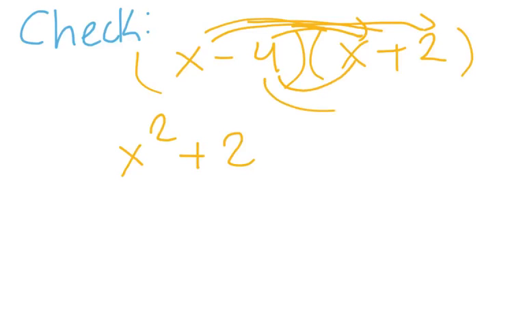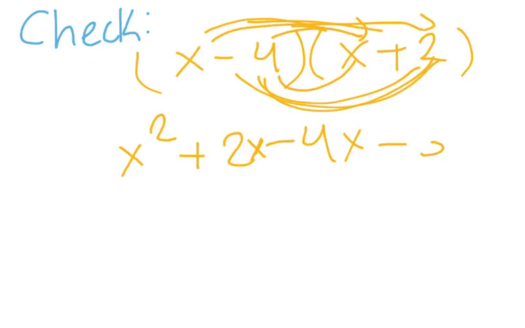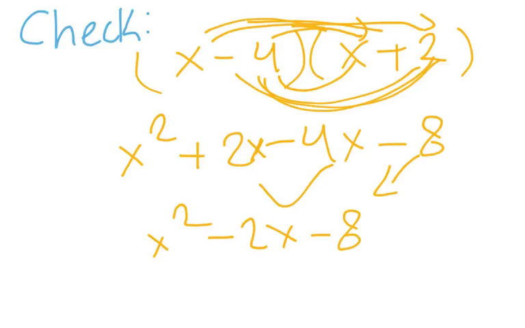And you have to distribute this one, negative 4x, and this one is going to give me negative 8. And you have to combine like terms. x squared, it's going to be negative 2x, and you bring down the negative 8. Here's your answer. This is how you check your answer.